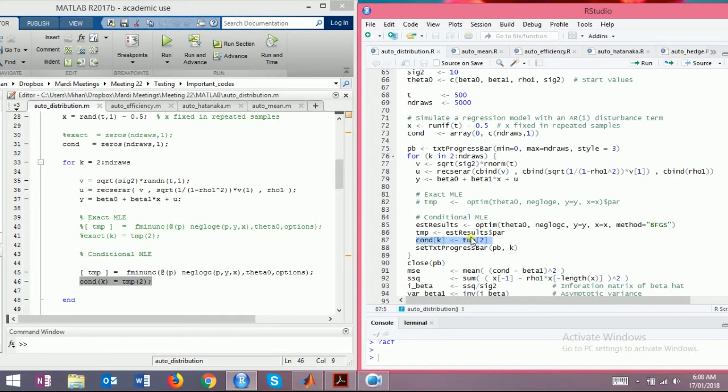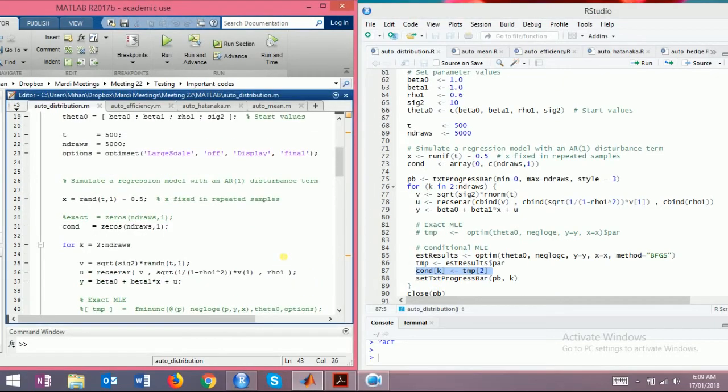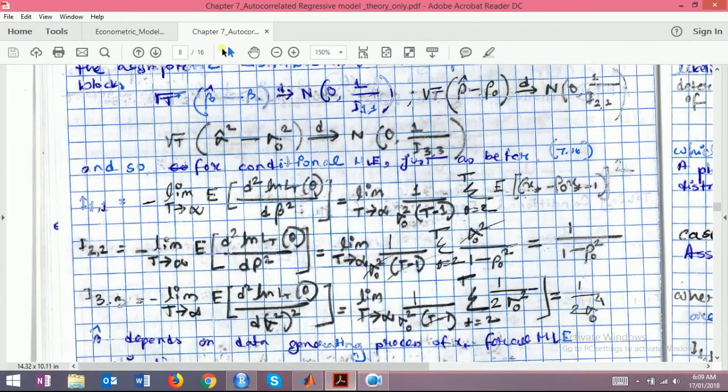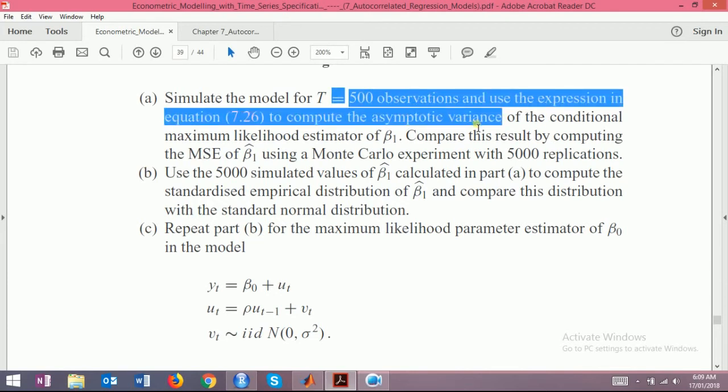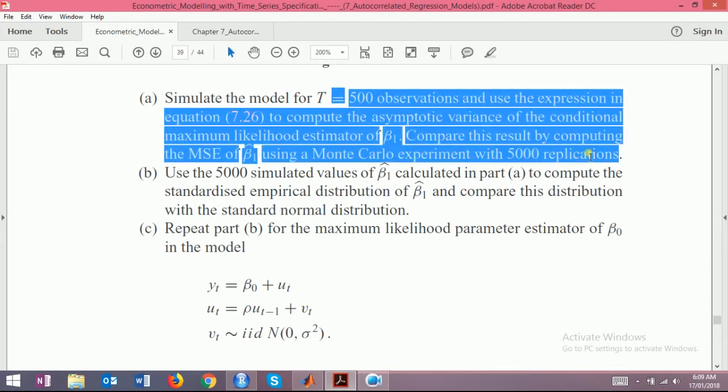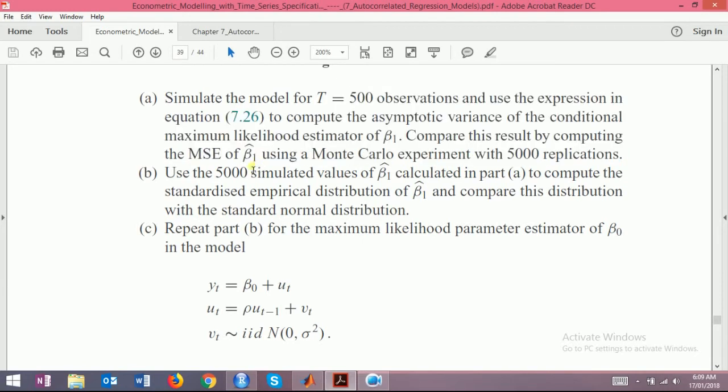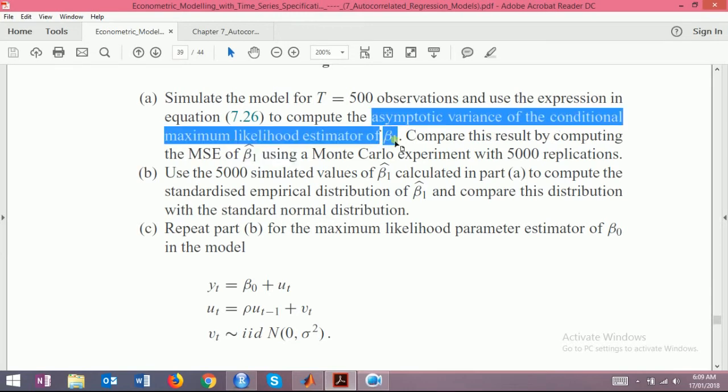With tmp2, function values, are we looking for the function values? I think so. Our question suggests that we are looking for the variance of the, okay, so we want a better one using the maximum likelihood estimated conditional asymptotic variance.